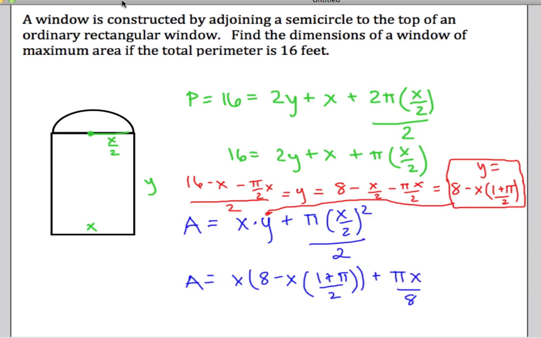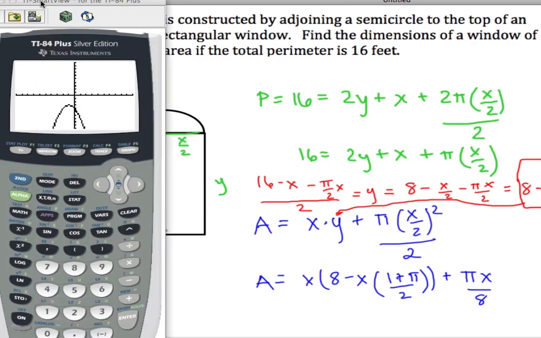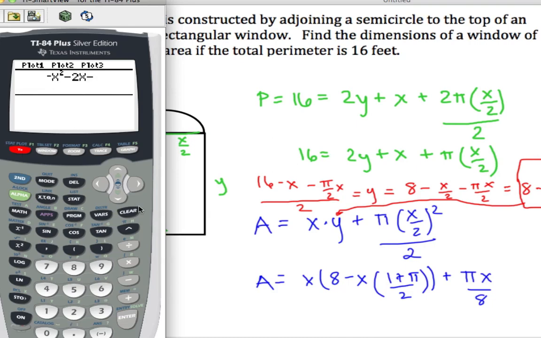All right, so let's go to our calculator. We can use calculators usually for optimization. All right, so I have x parentheses 8 minus x parentheses, parentheses 1 plus pi divided by 2. To guarantee that it's on the top, I need to put that in parentheses.